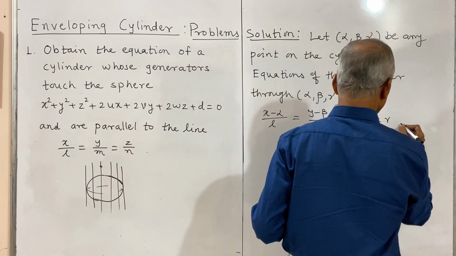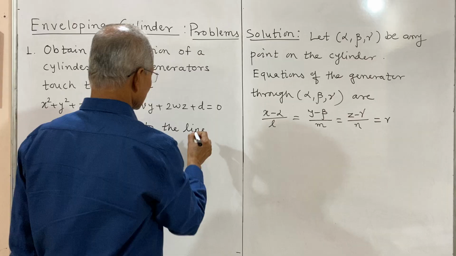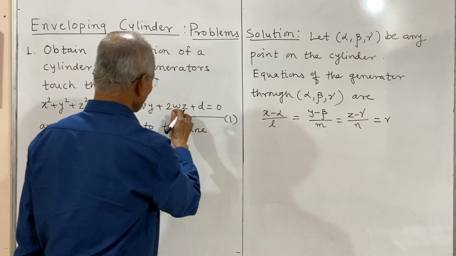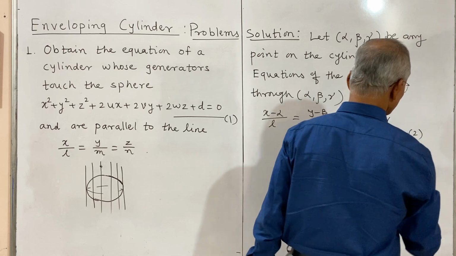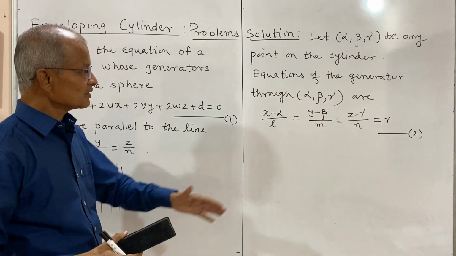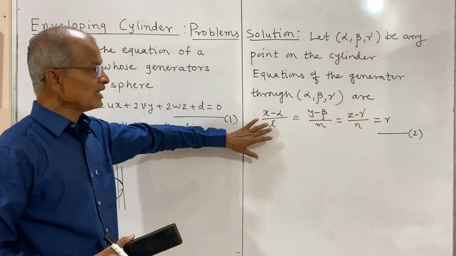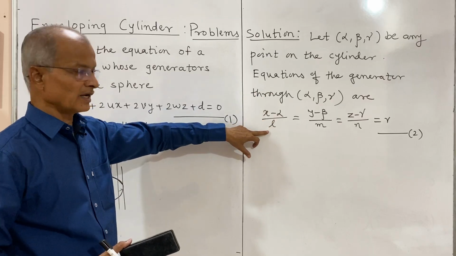We now suppose the equation of the sphere as equation 1, and we shall suppose these equations as equations 2. From this we can write the coordinates of any point on this generator, or line 2.